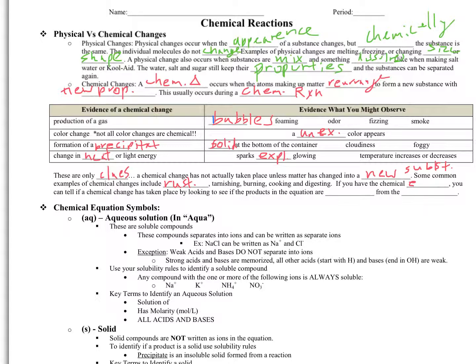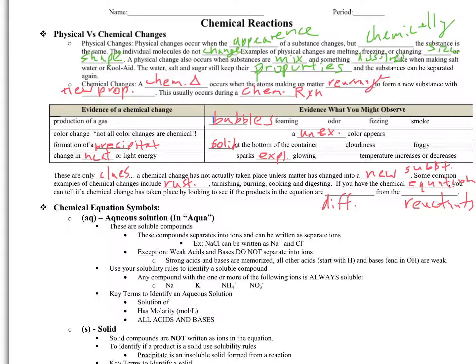Well, let's talk about the chemical equation. If you have the chemical equation, you can tell if a chemical change has taken place by looking to see if the products in the equation are different from the reactants. Okay.